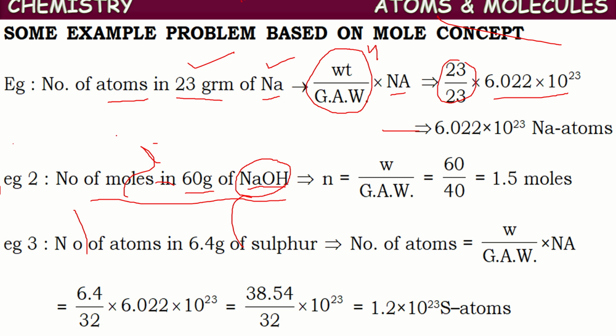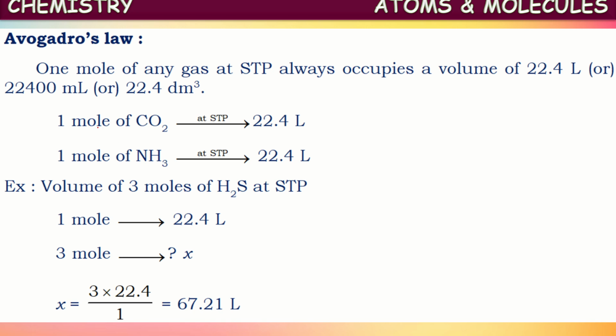Now, Avogadro's law. This is a very important law. 1 mole of any gas at STP always occupies a volume of 22.4 liters.